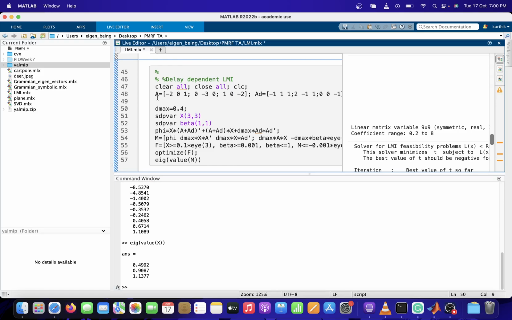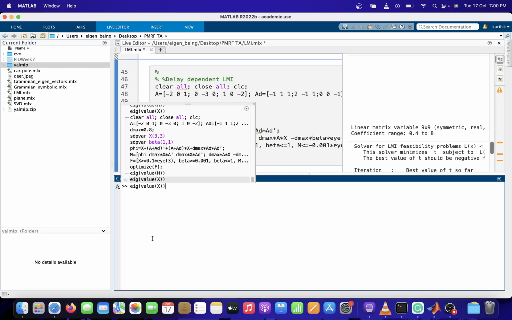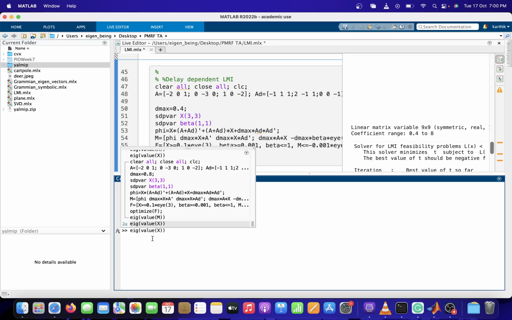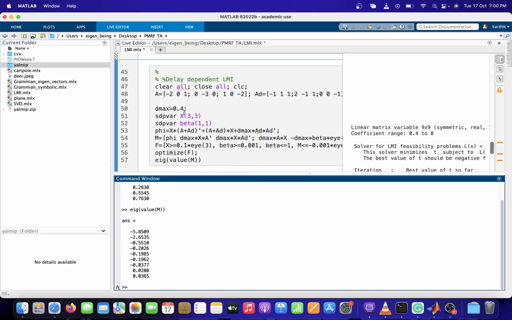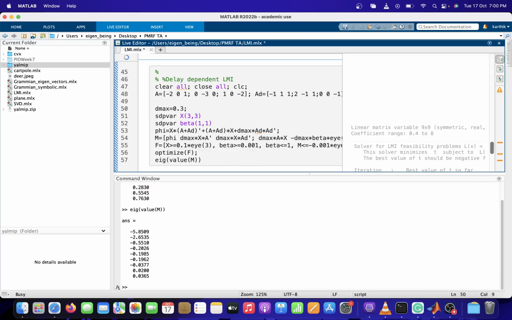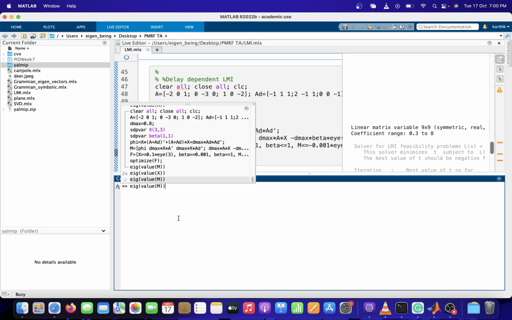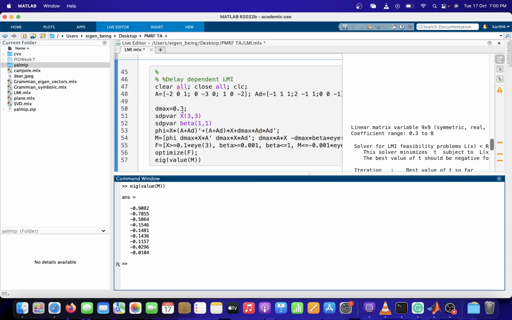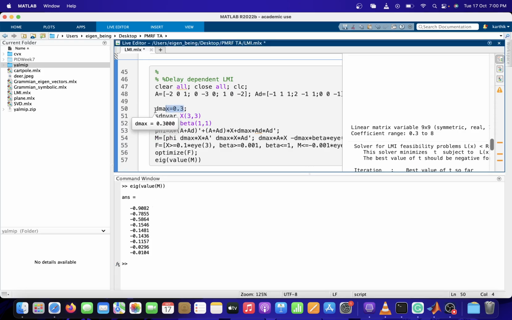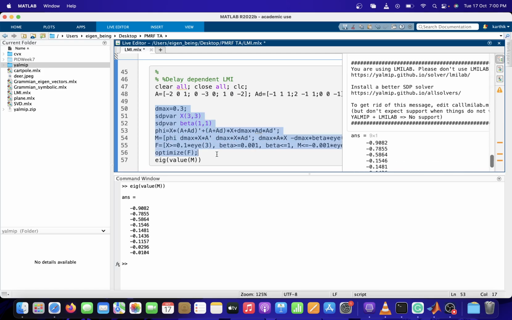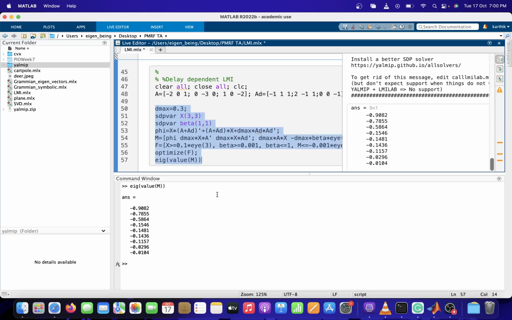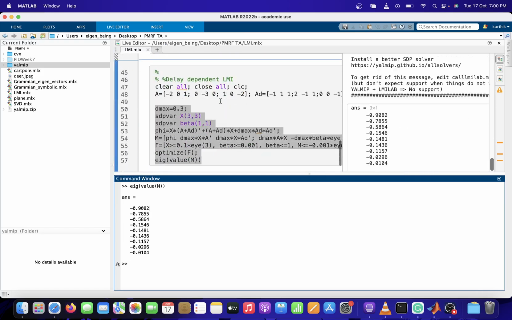Let's check for 0.4. Again the eigenvalue of m is positive, so 0.4 won't work. Yeah, 0.3 works. So you can find some sort of a bound on the maximum delay the system can handle.